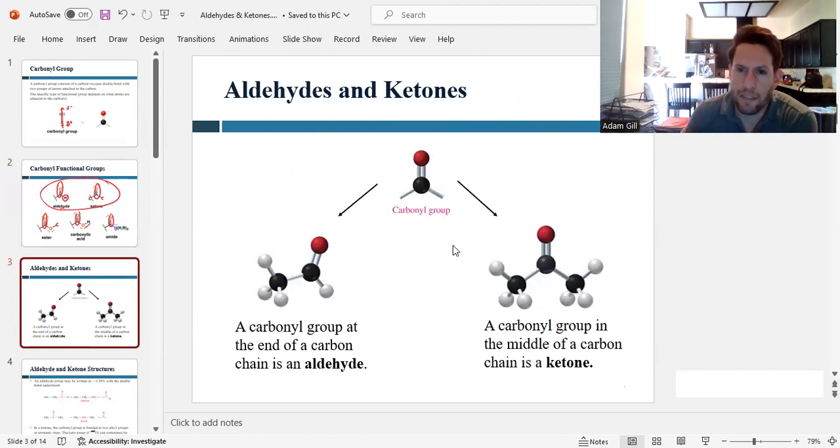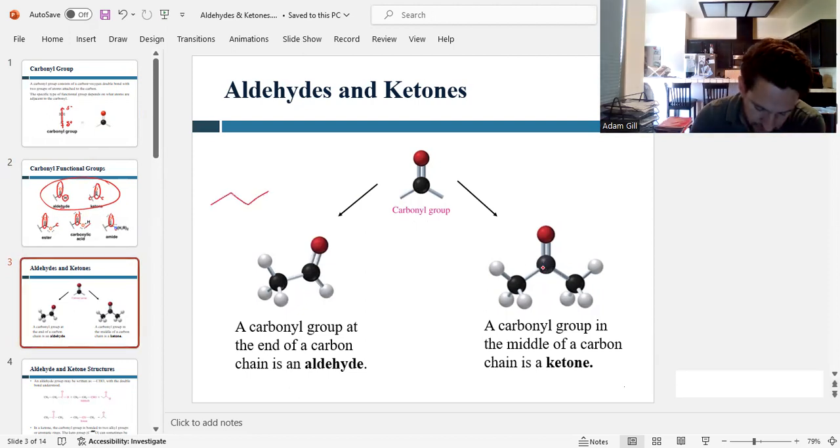So essentially, an aldehyde and a ketone are the two carbonyl functional groups that don't have any other types of atoms. The oxygen is the only non-hydrocarbon in the molecule. Now, for an aldehyde, the carbonyl is at the end of the chain, and for a ketone, it's somewhere in the middle of the chain.